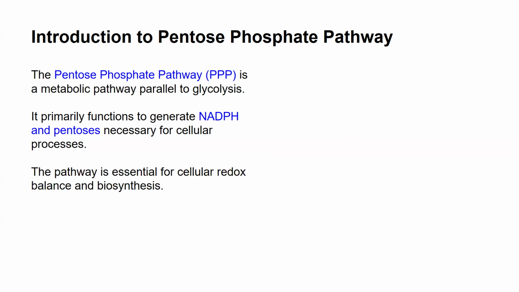So it is the work of the NADPH to neutralize the stress caused by these oxidants. That is why the pathway is important for redox balance, due to the NADPH generated, as well as the biosynthesis of other important molecules in our body.